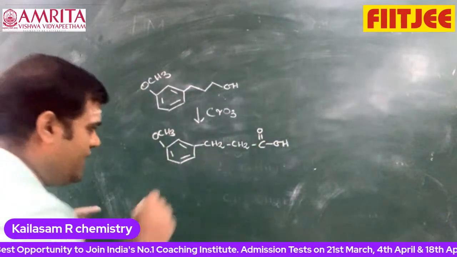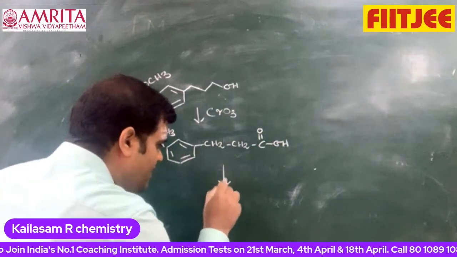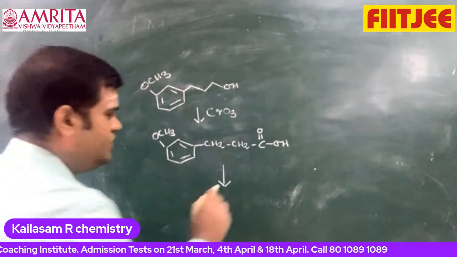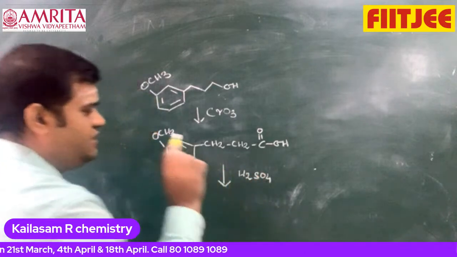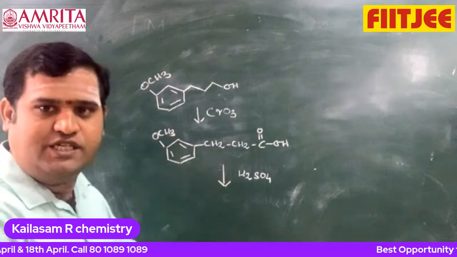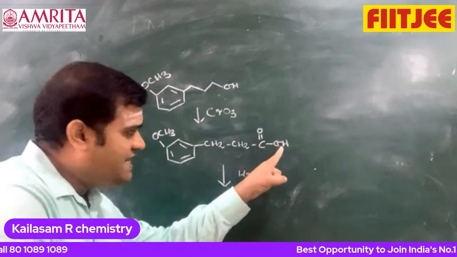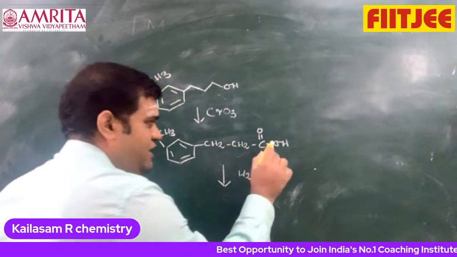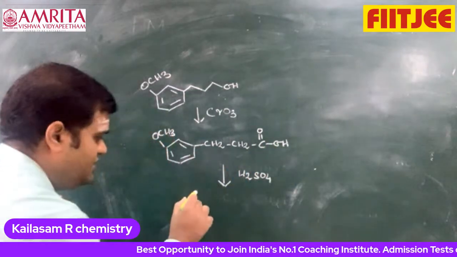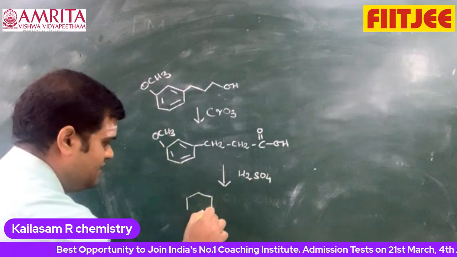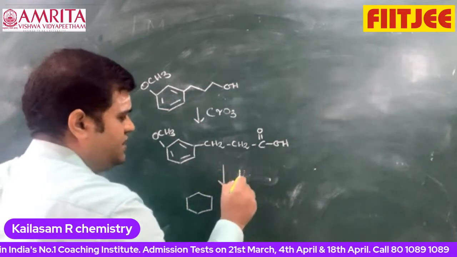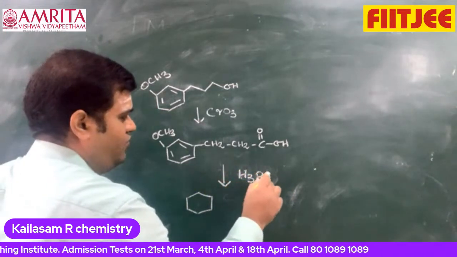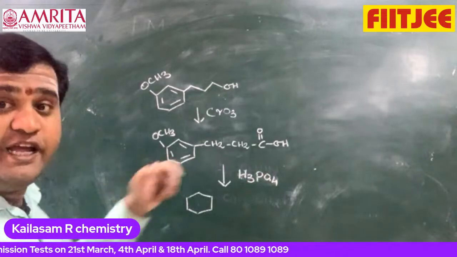Fine. Now what am I going to do? In this, I am going to take H2SO4. What is H2SO4? It's a dehydrating agent. It is going to accept H plus. Even rather than H2SO4, it's better to use H3PO4, a better dehydrating agent.